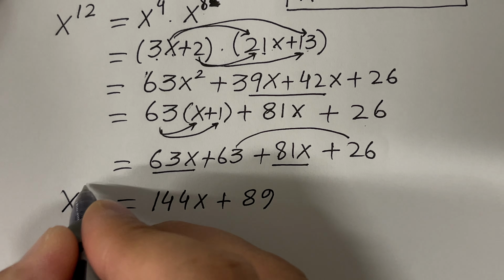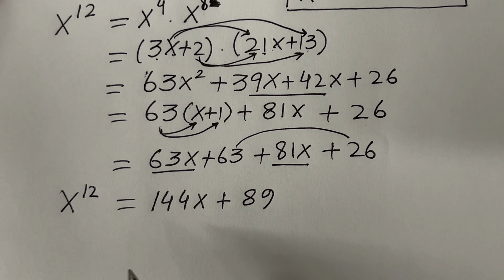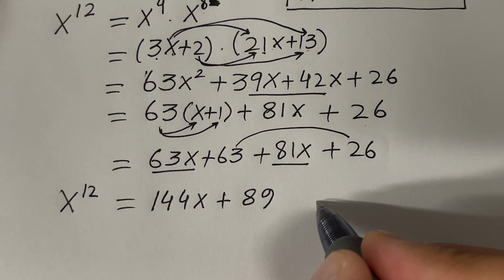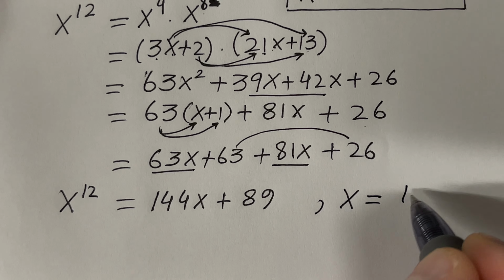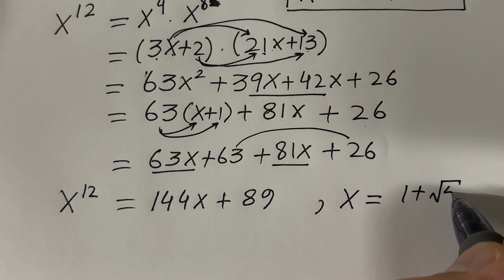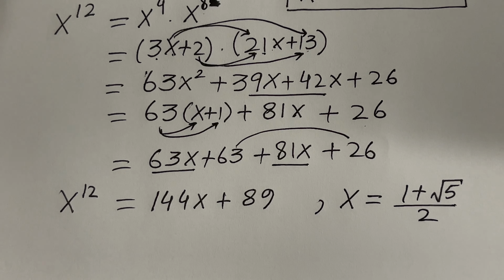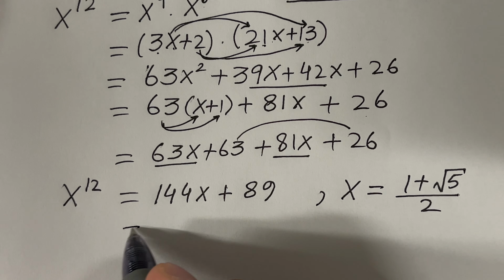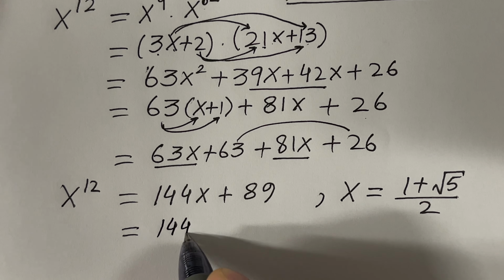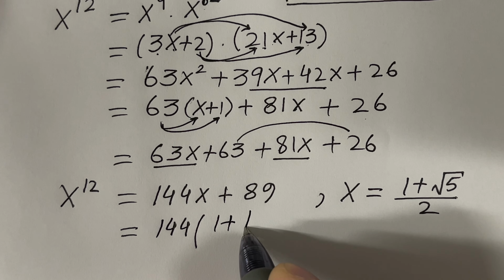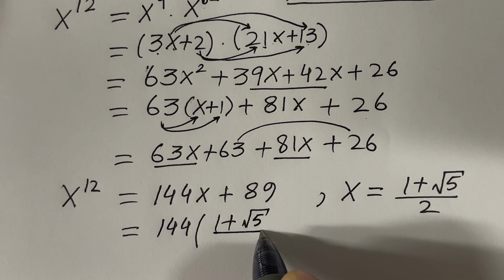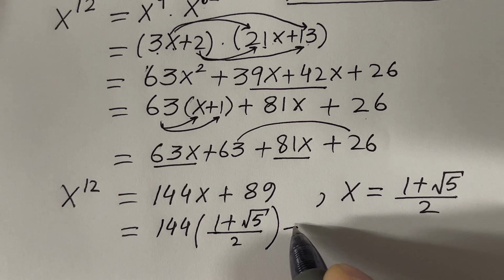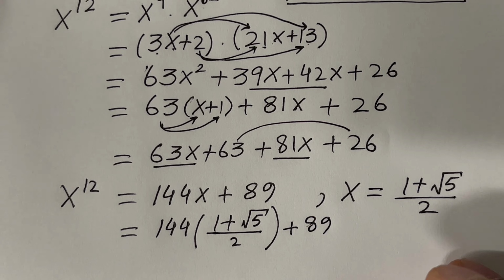So we got the value of x raised to the power 12, but that is in terms of x, and x was equal to (1 plus square root of 5) divided by 2. So let's plug in the value of x. Then this will be equal to 144 times (1 plus square root of 5) divided by 2 plus 89.